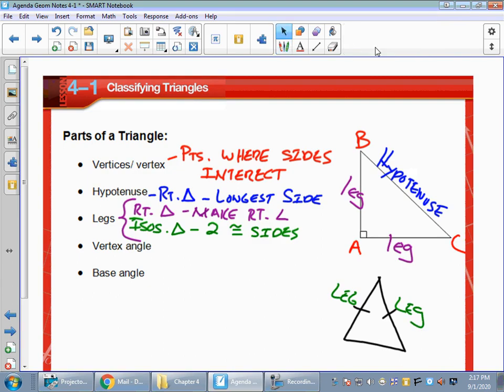A vertex angle is in an isosceles triangle only, and that is where those two legs intersect.